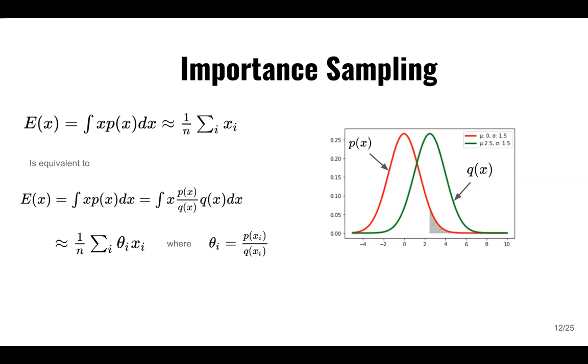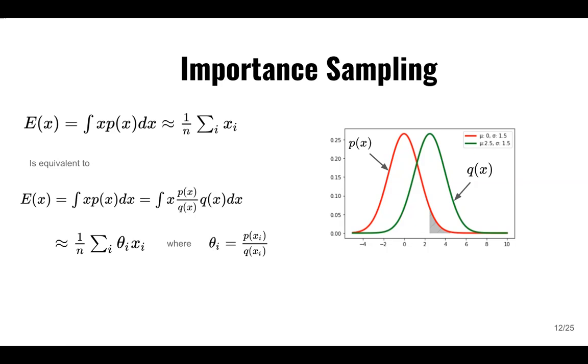But if I can get a distribution Q from which I can easily sample, then what I have to do is a correction on the fact that I'm not now taking the sample from this P distribution, I'm taking it from the Q distribution. So that correction is basically the ratio of these densities.